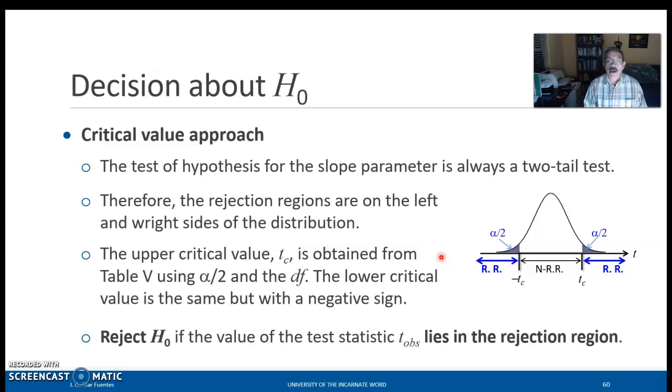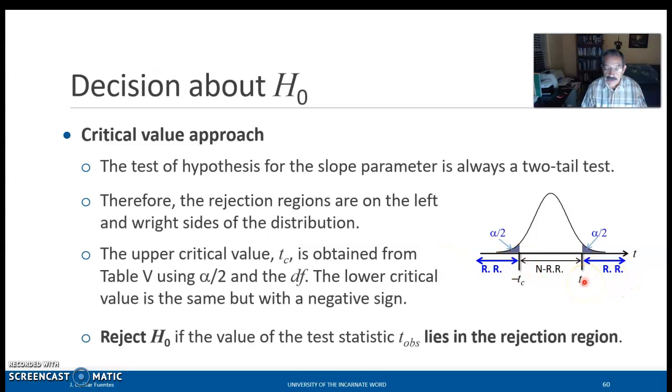Now, if you are asked to follow the critical value approach, then to establish the rejection regions, because this is a two-tailed test, we have the lower and upper rejection regions, and we divide alpha by 2, and we use the degrees of freedom in table 5 to find the upper critical value.